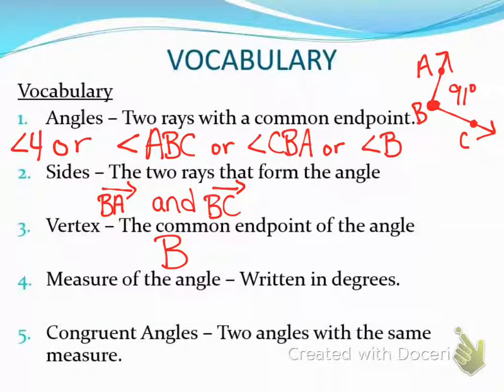And that's just how we would name it. We could say the measure of, I guess that would be more appropriate, the measure of angle ABC is equal to 91 degrees. You'll see the little m out in front of the angle symbol when we're talking about its measure.